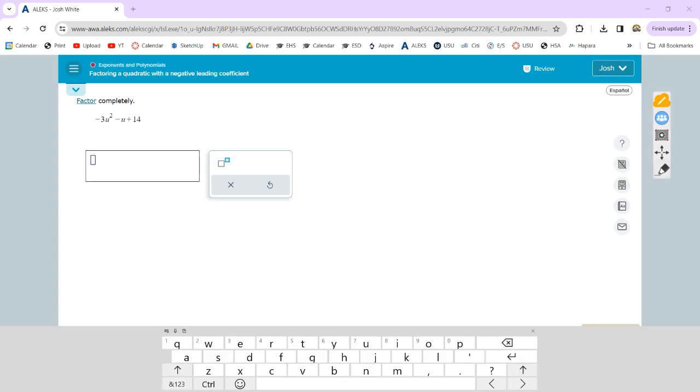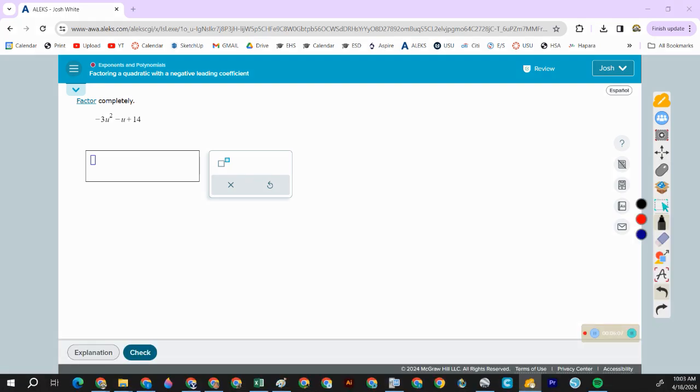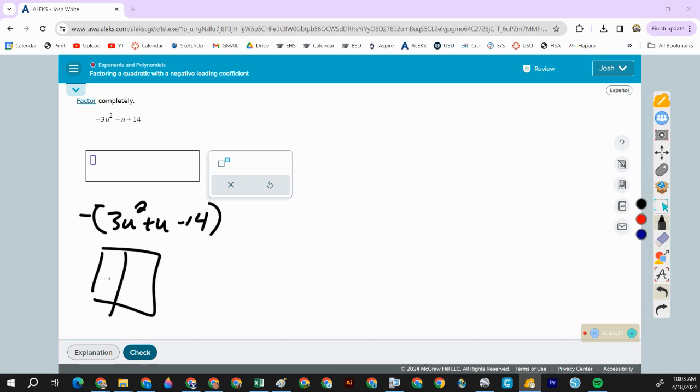All right. Anytime you have a negative out front, I recommend that you pull that out of the leading coefficient and all the other terms. So I'd like to pull out a -3, but that would be messy. So we just pull out a negative, and we have 3u squared plus u minus 14. And then we draw the box. 3u squared, negative 14, times those together, negative 42.